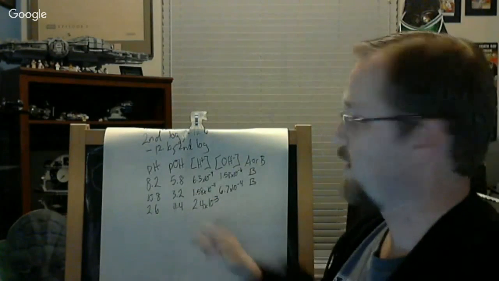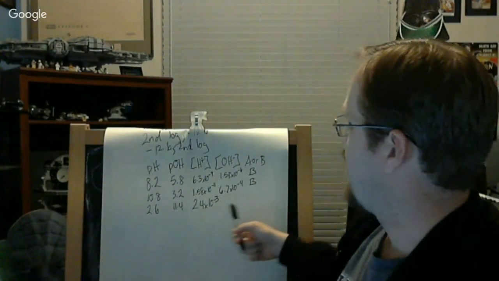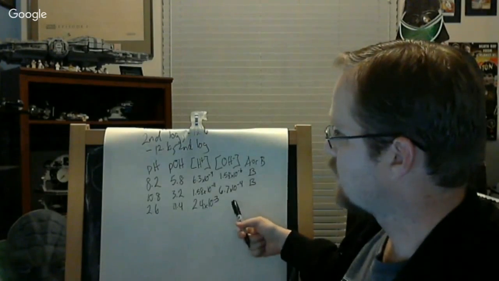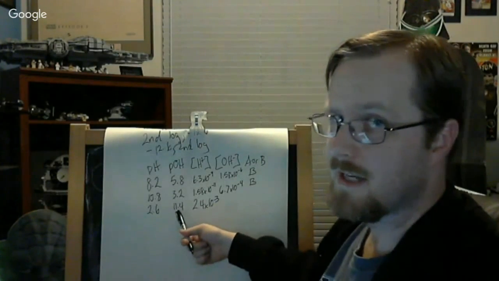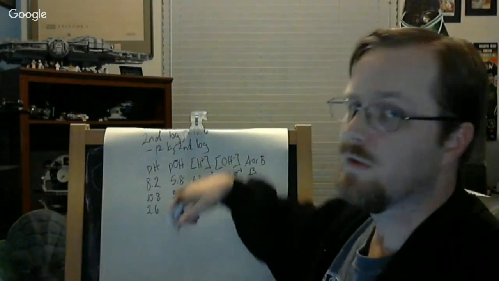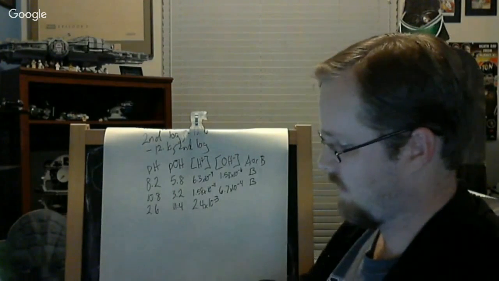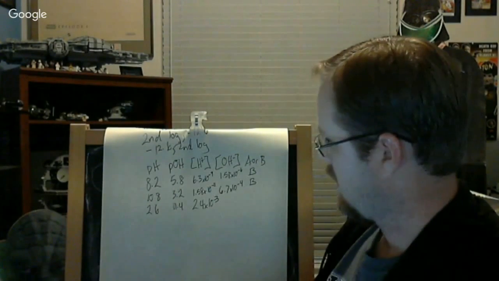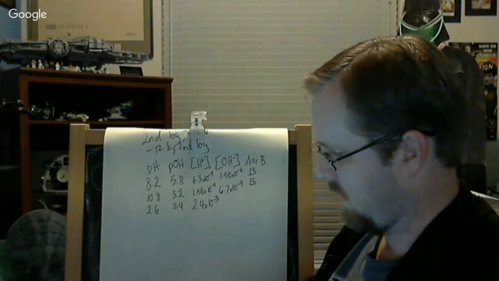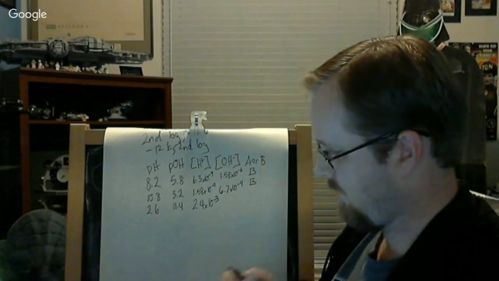All right, so 14 minus 2.6 equals 11.4. That's my pOH. And now to go back to the hydroxide concentration, I'm simply going to make this a negative number and then do the second log of that. Okay, so I'm going to do the second log of negative 11.4.